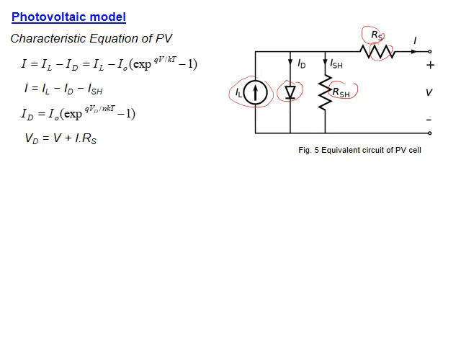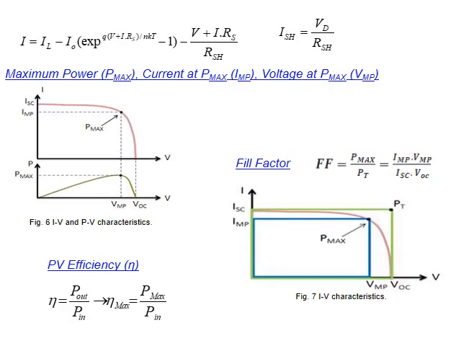All these need to be considered, okay? This model is called the one diode model. It has been used for more than 70 years by scientists and researchers working in the field.